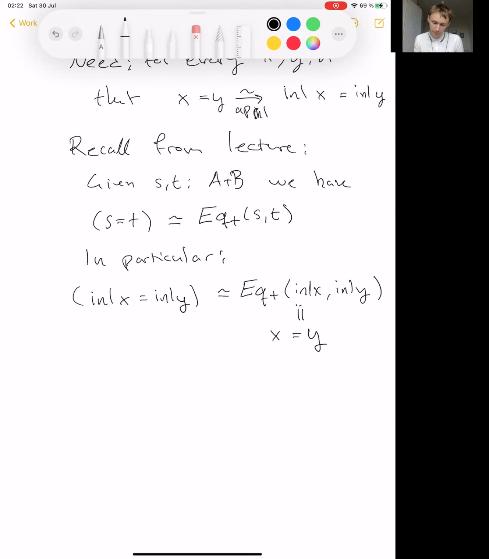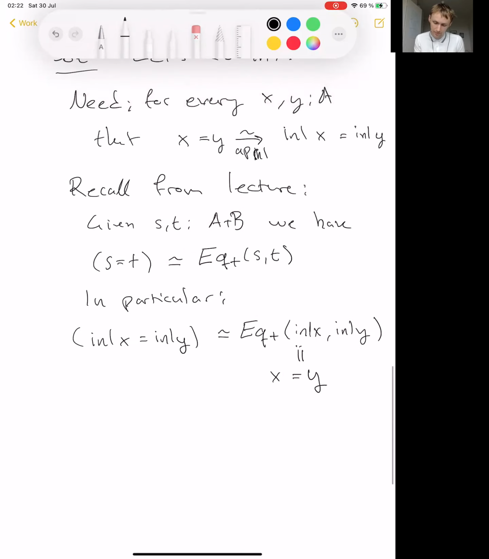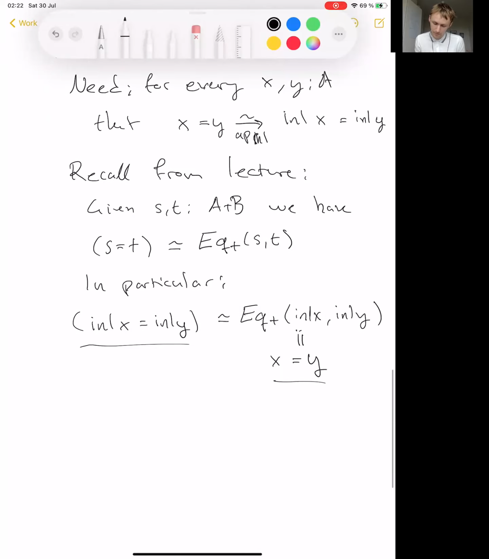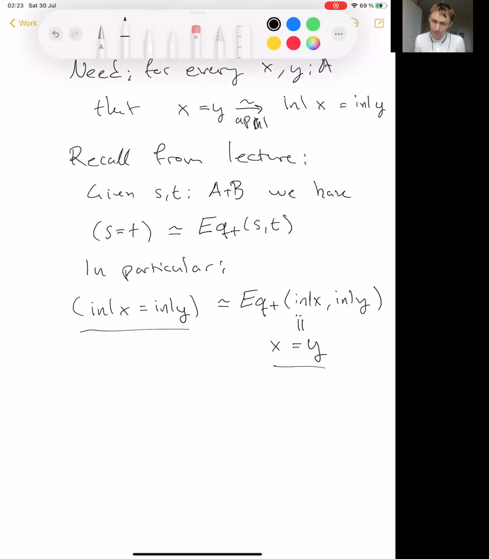Okay, so we have actually proved that x equals y is equivalent to in left x equals in left y. But we also need to prove that it was app that was the function that gave this equivalence, right?